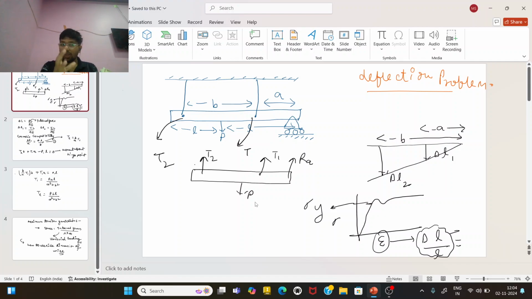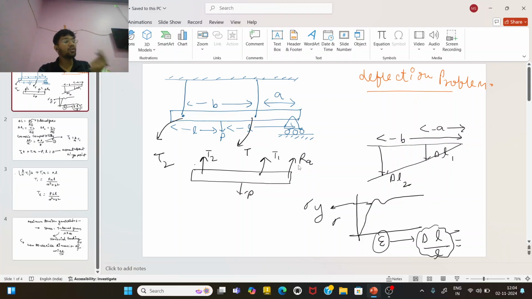In this case, the system is indeterminate because T2, T1 and RA are unknown. Here we can only write two equilibrium equations, but we have three variables.